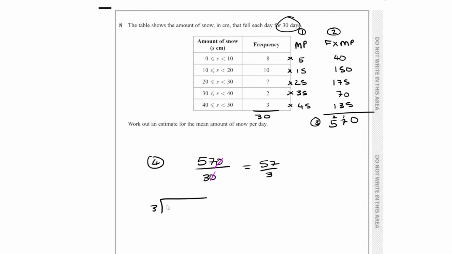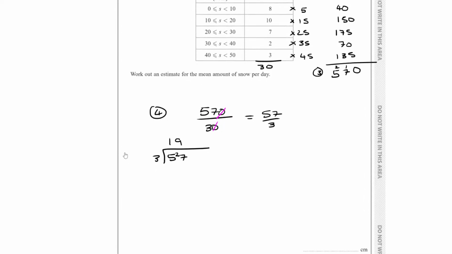I might use bus stop for example. You could either use the times tables or obviously bus stop. So 3 goes into 5 once, with a remainder of 2, and then 3 goes into 27 9 times with no remainder. So 19. That's our answer, 19.